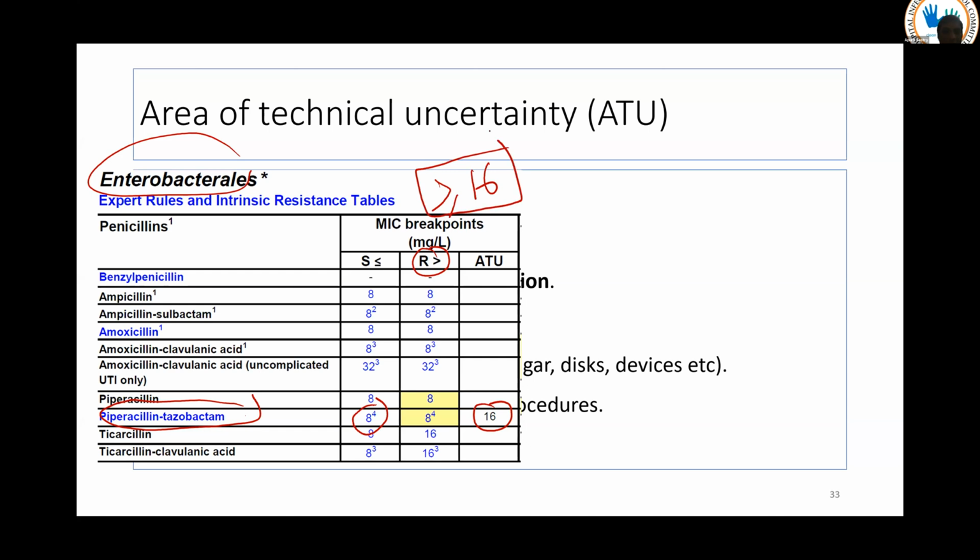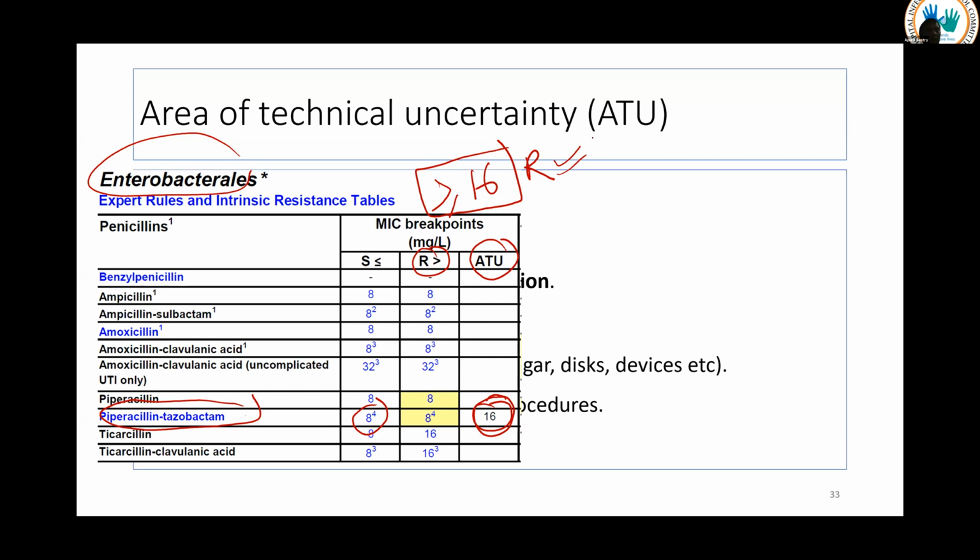So according to the EUCAST breakpoint table, 16 or more is considered as resistant. Out of this, the value 16 is an ATU. The value 16 is an ATU, means if you get 16, then you cannot reliably say that it is resistant. It may be a technical uncertainty, and the isolate may be actually sensitive also.